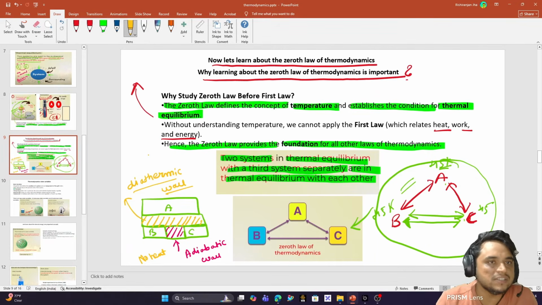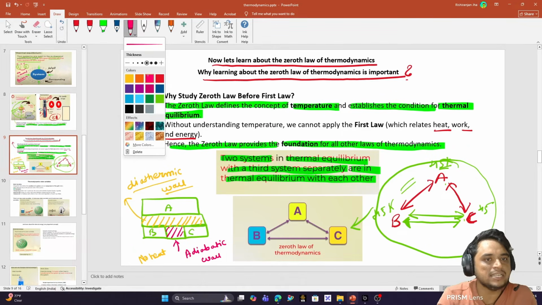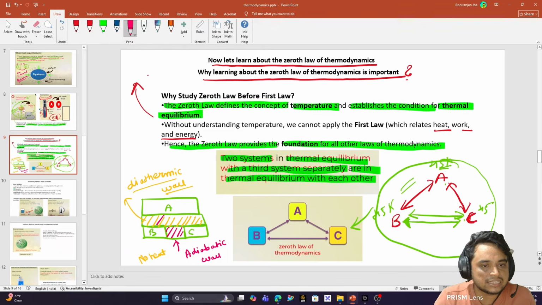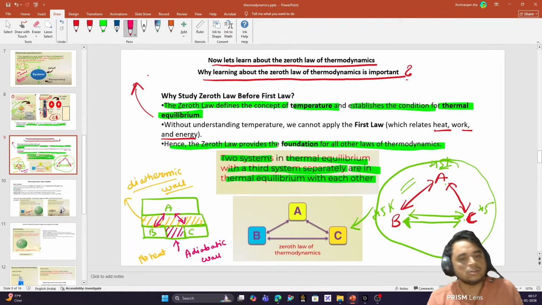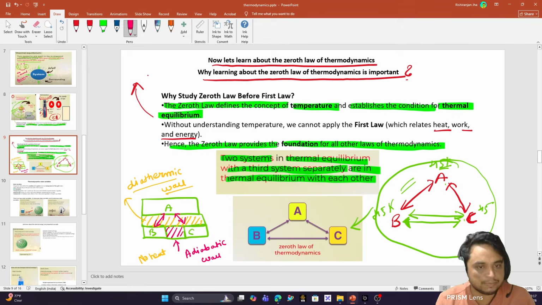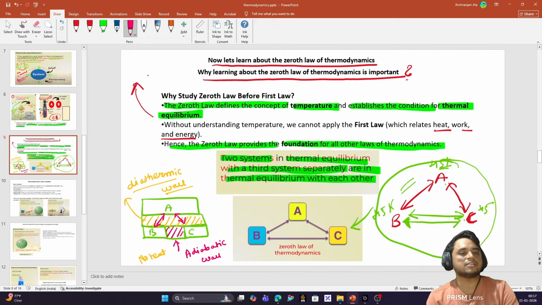So because of this heat exchange, A comes in thermal equilibrium with B, and A comes in thermal equilibrium with C. Now, according to the zeroth law of thermodynamics, I have already explained that if A is in thermal equilibrium with B and A is in thermal equilibrium with C, then both B and C will be in thermal equilibrium with each other, right? So let's now flip the situation.